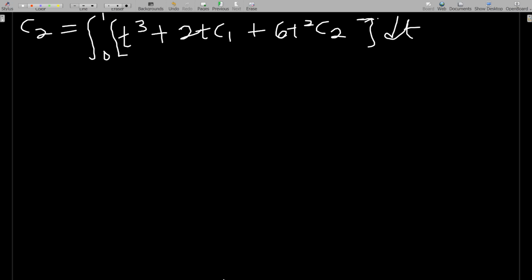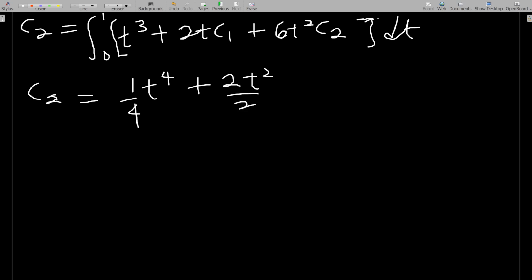So what we can do here is just try to simplify or integrate. I have C2 being equal to, and I integrate t cubed, I'll have 1 over 4 t to the power 4 plus 2t squared over 2. But here the 2 over 2 goes, so we have only t squared C1.